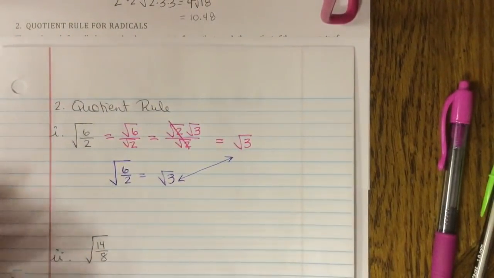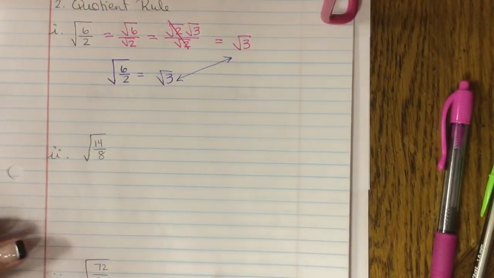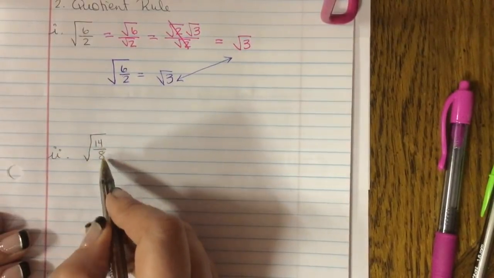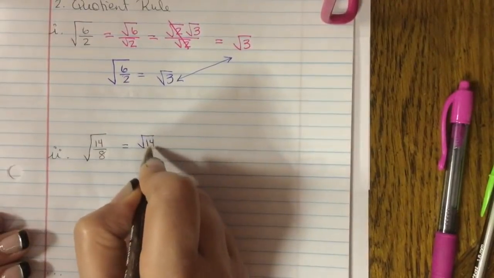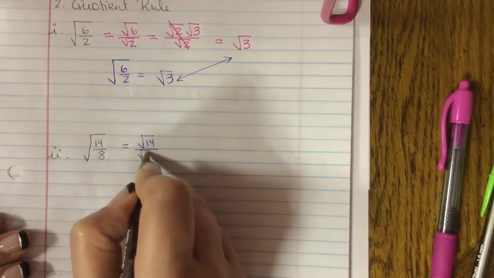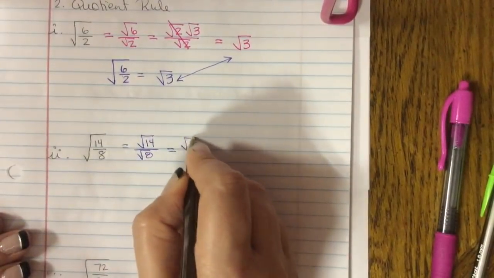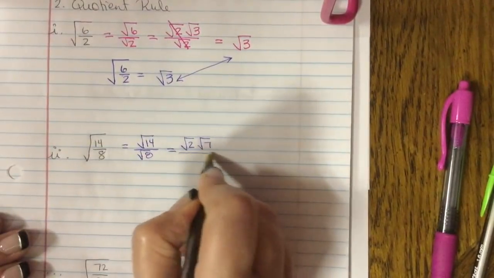All right, so let's do another example. I have the square root of 14 over 8. So I can rewrite that as the square root of 14 over the square root of 8. Well, let's see. The square root of 14 is the same thing as the square root of 2 times the square root of 7.